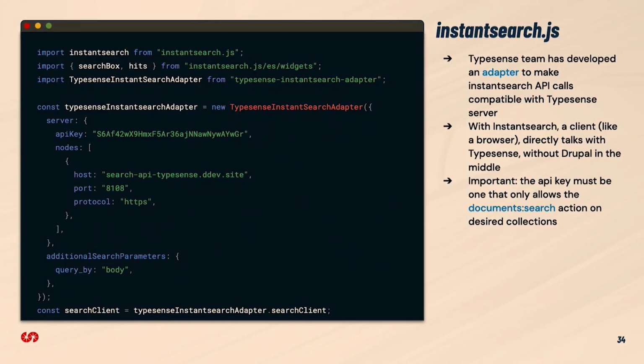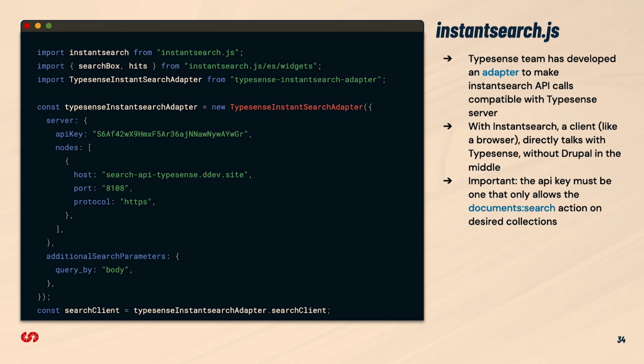So the developer of Typesense provides an adapter to use the same InstantSearch widgets pointing to a Typesense server. So you can use this adapter. Then you set the API key, one generated using the interface that allows you only to search, probably.